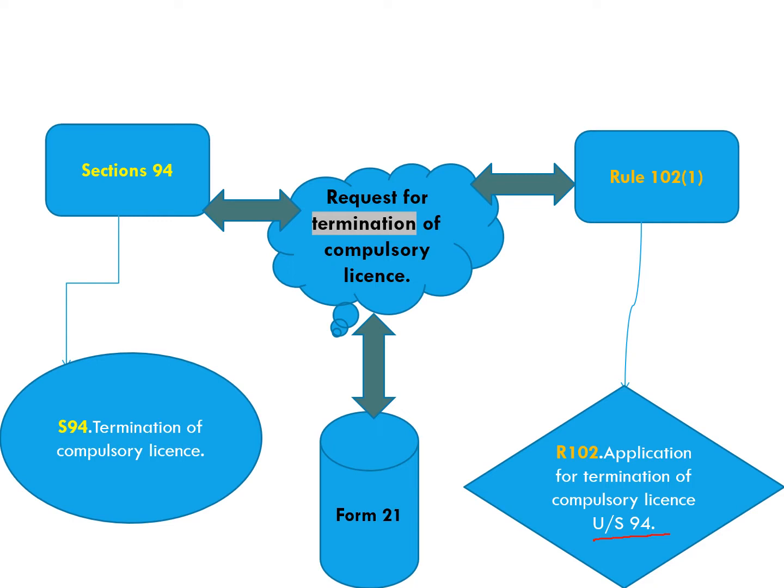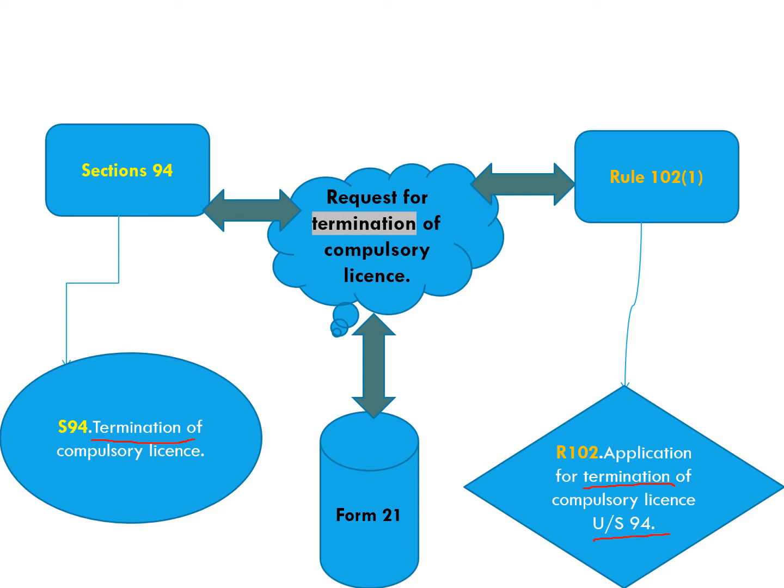Now we can find out the keyword between these three. The title of form 21 is Request for Termination of Compulsory License, section 94 deals with the termination of compulsory license, and rule 102 deals with the application for termination of compulsory license under section 94.